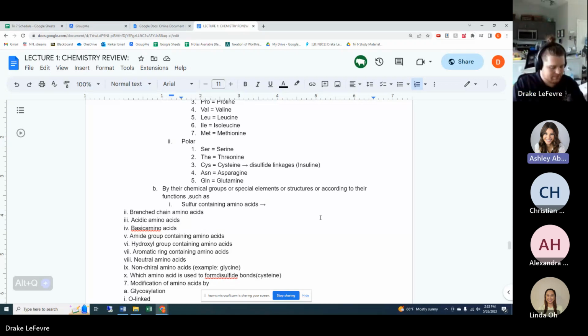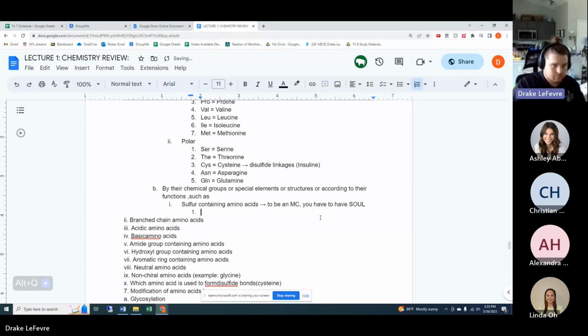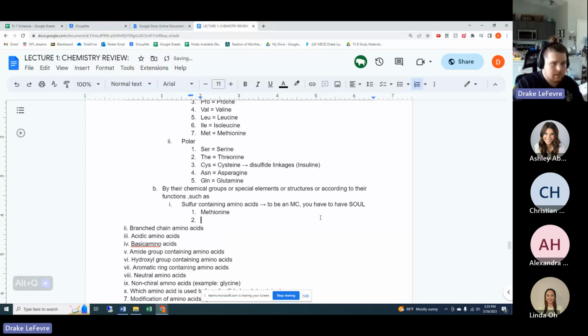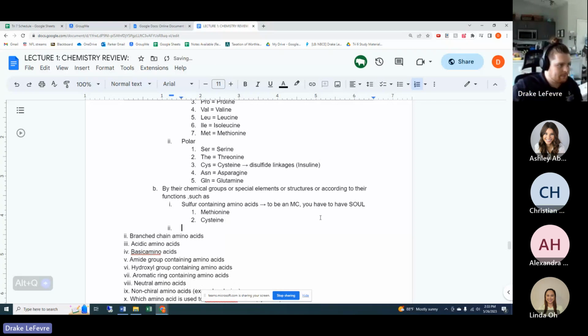The MCs have soul. Methionine, cysteine. Those are the sulfur containing ones.